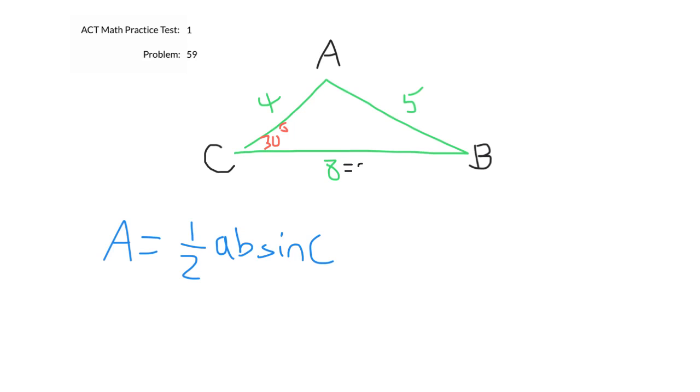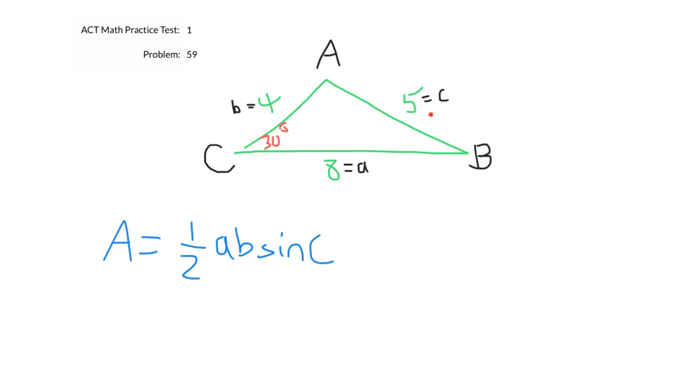So lowercase a is 8. Similarly, if you have a capital letter B assigned to an angle, the side length opposite to that angle is going to be lowercase b. And of course, by the same reasoning, 5 is equal to lowercase c.